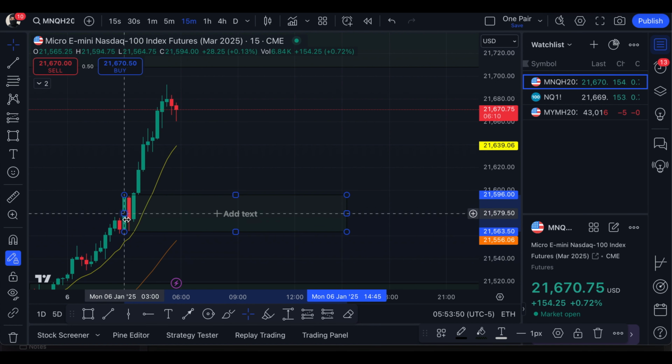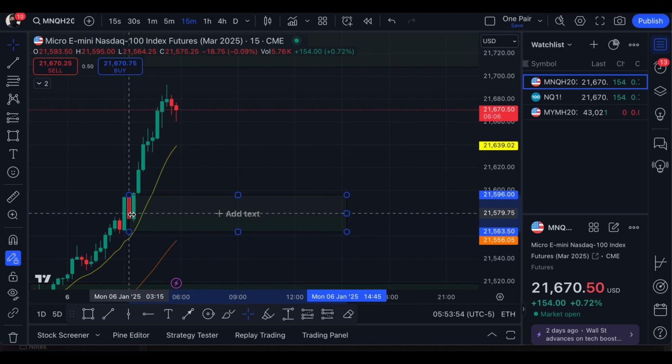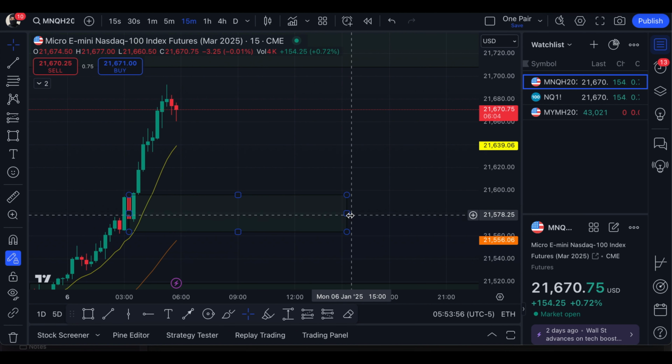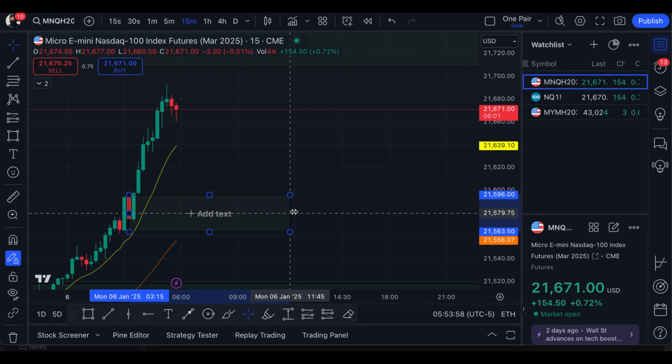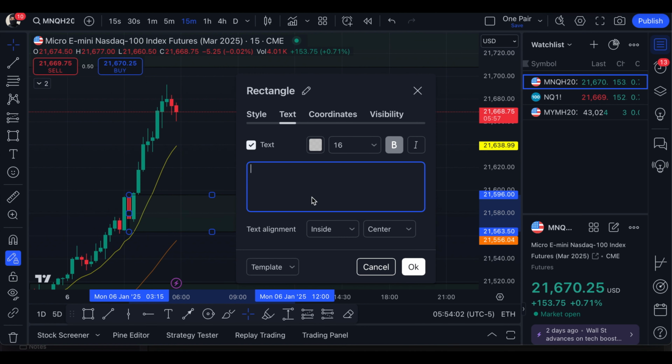I don't take my entries off the 15, but what I would be doing, and this is most likely how I will be trading this year, is I will look for entries on the 15 or opportunities on the 15.